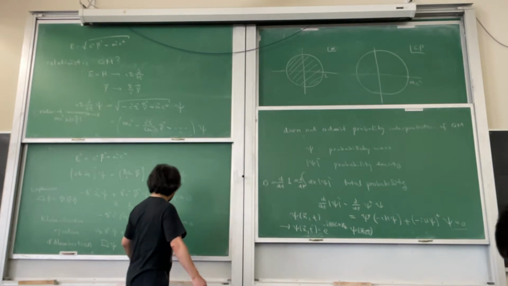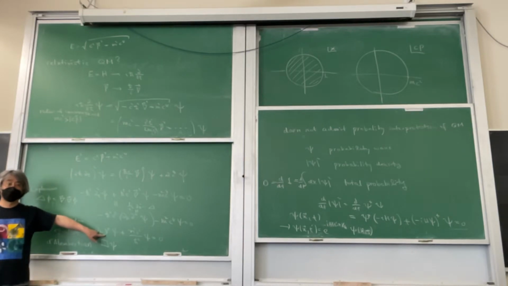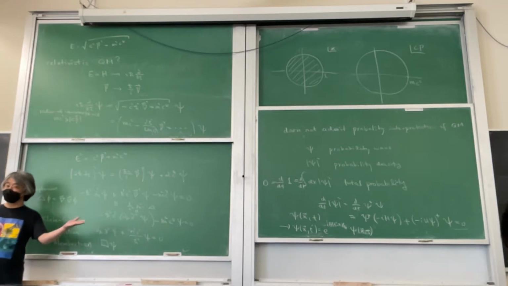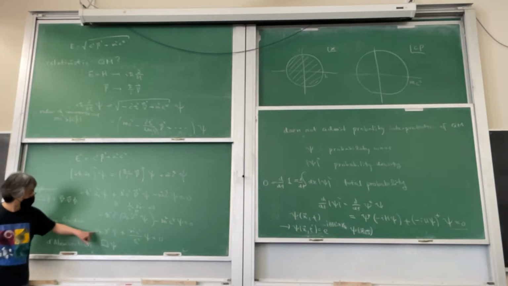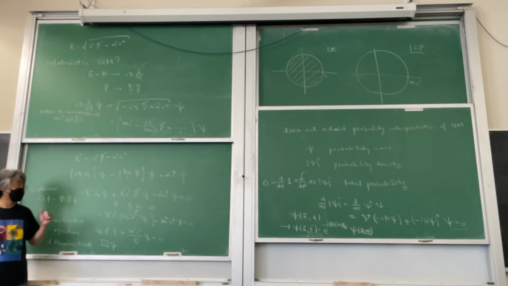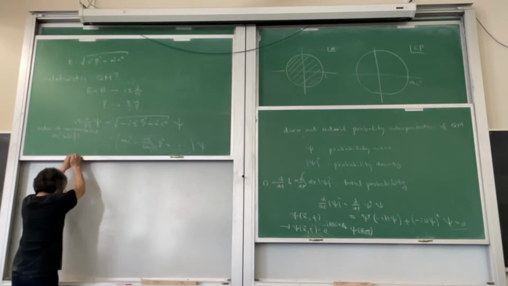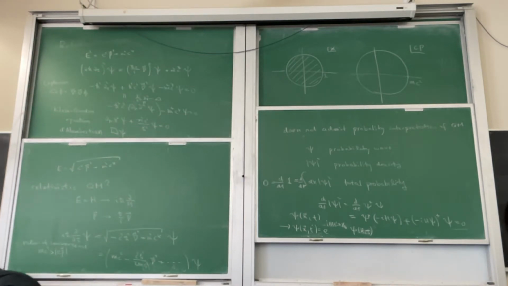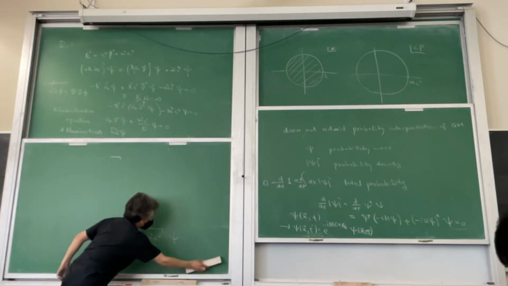Now, we have this Klein-Gordon equation, which is second order in time derivative. Well, that sounds like an innocuous change, but it actually completely changes this idea. Because if you have a second order differential equation, then you have to specify not only psi at a given time slice, but also its time derivative.